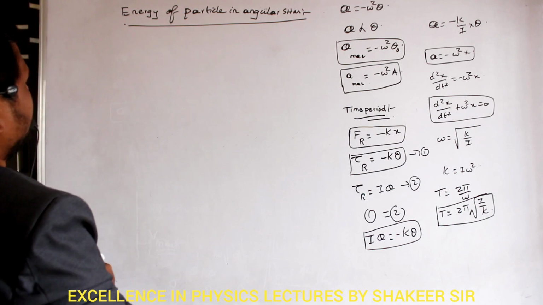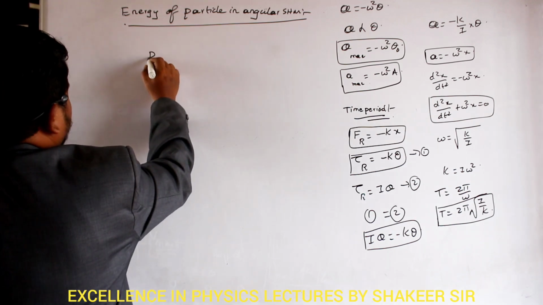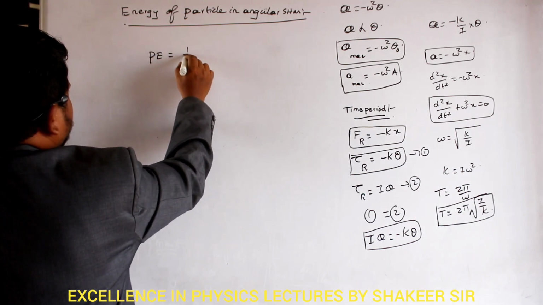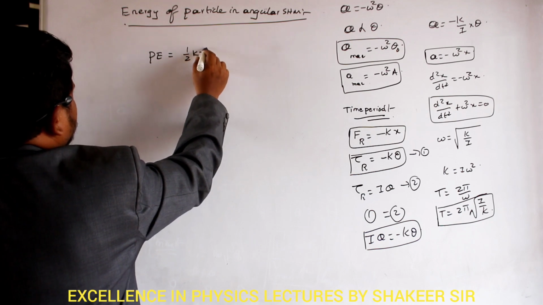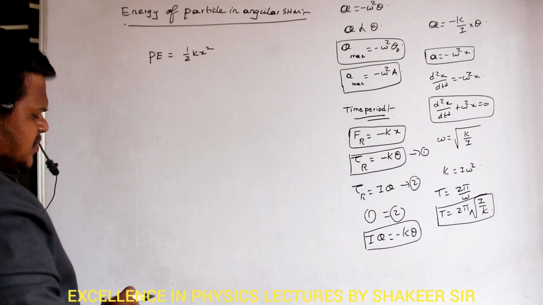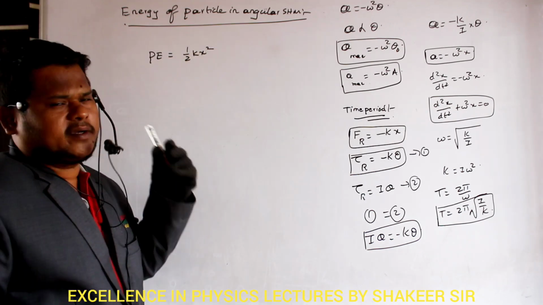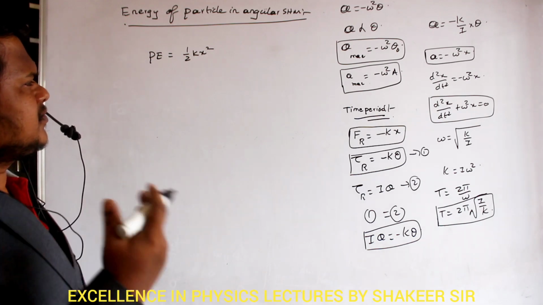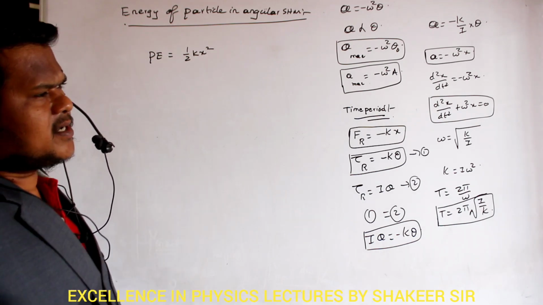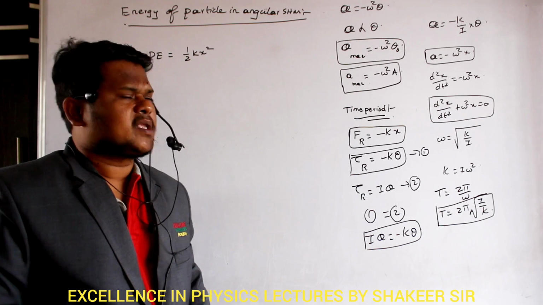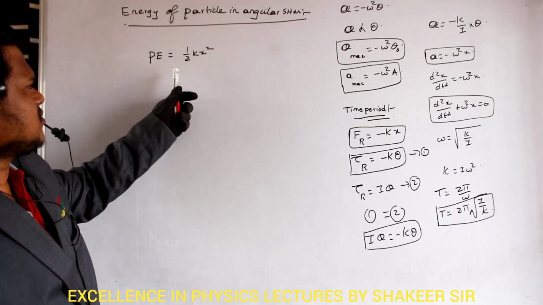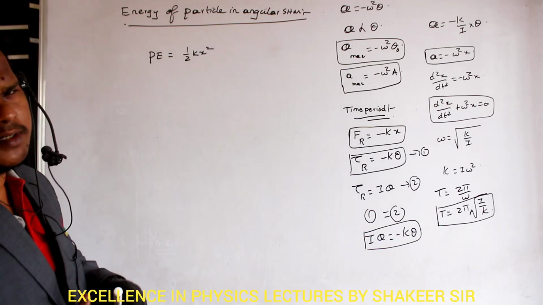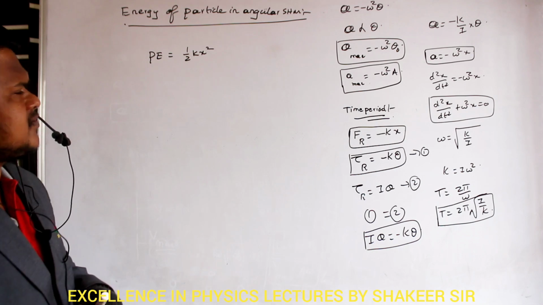So how can I write the equation for potential energy initially? In linear SHM I can write half k x square. For example, if a spring is displaced by a distance x, then the work which we have done will be stored as potential energy inside the spring. And how much potential energy will be stored? Half k x square, where x is the linear displacement of the particle.